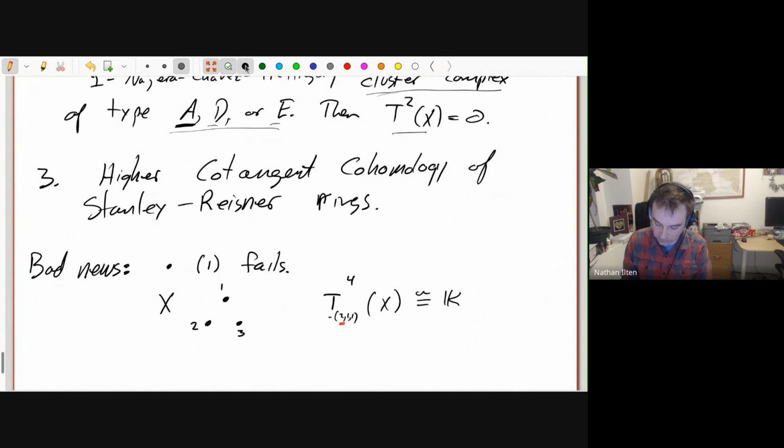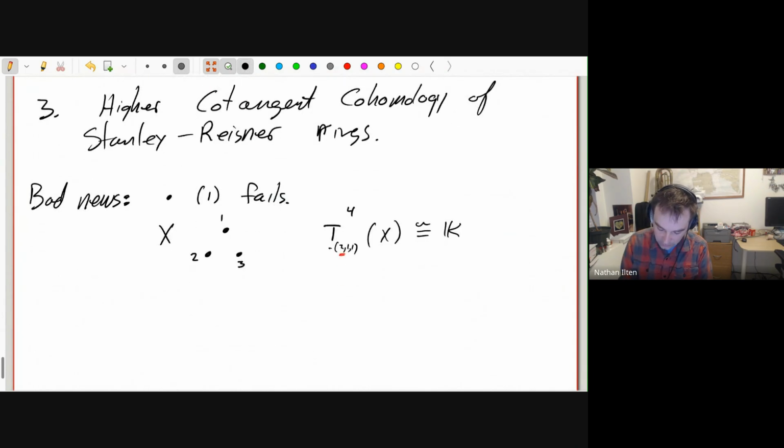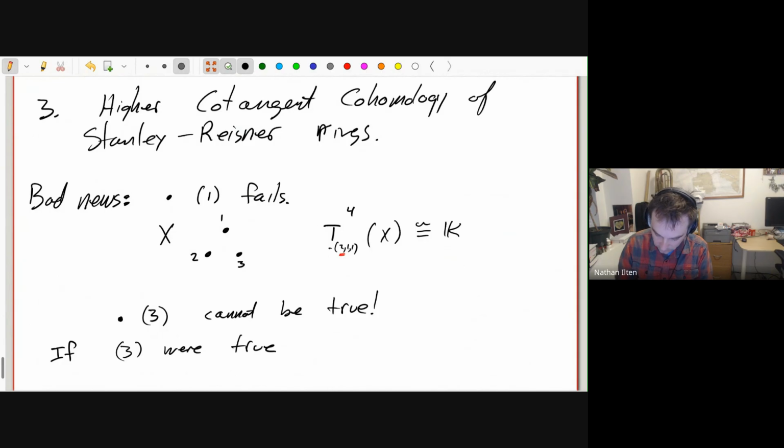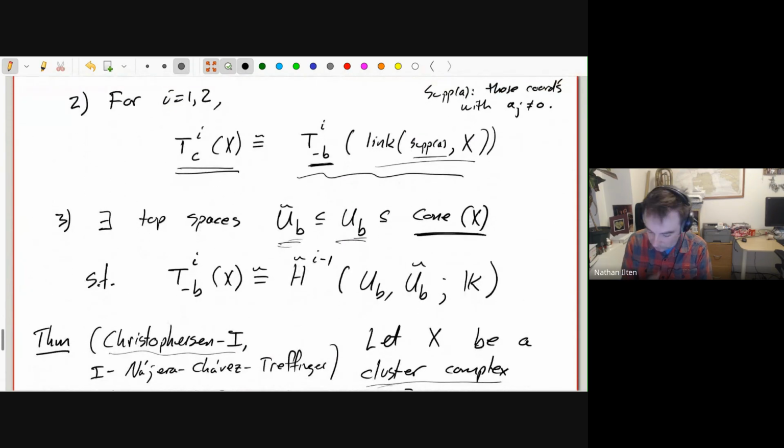Okay, so that was the first bit of bad news. And the second bit of bad news is that 3 also cannot be true. Let me tell you why. If 3 were true, depending on what my weight vector is, I have these different topological spaces where I'm taking this relative cohomology.